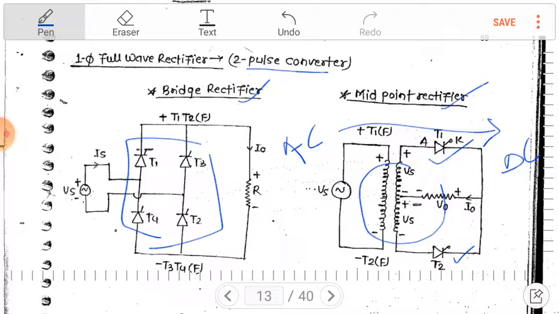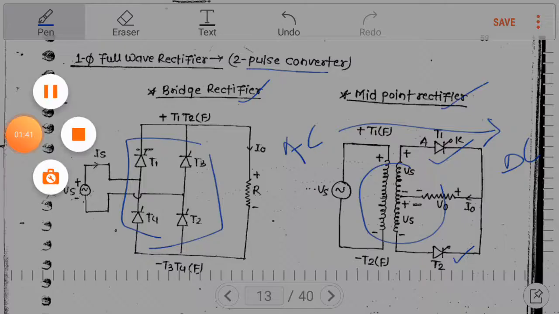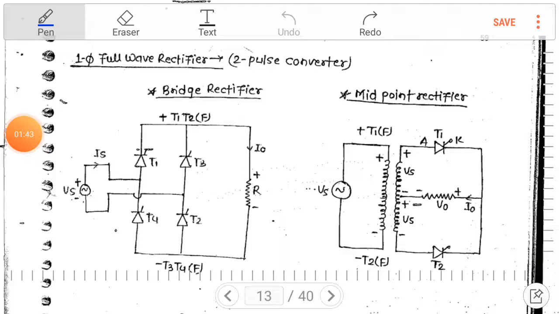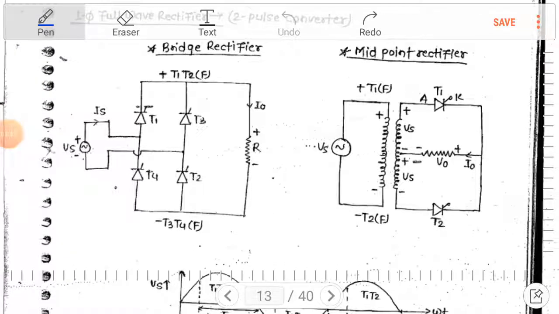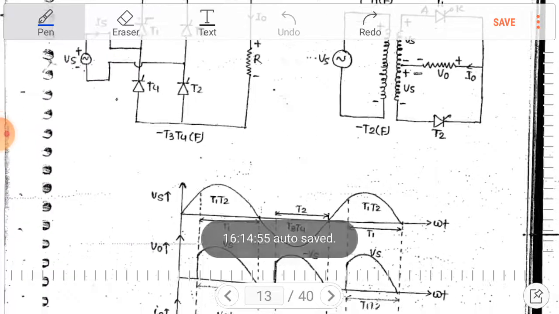One positive half cycle will come at the output, and the negative cycle we reverse it and it will get at the output side. So this is the working of single phase rectifier two pulse converters.